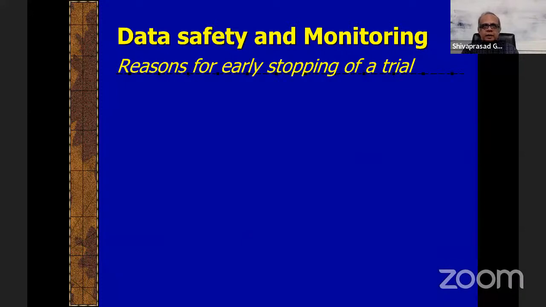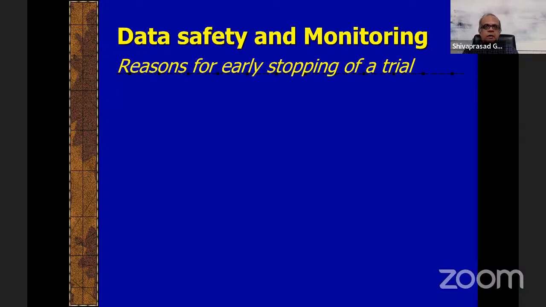Apart from that, typically, especially for clinical trials, you do need an independent agency called the Data Safety and Monitoring Board, which will look after participant safety. Primarily, the DSMB's responsibility is to ensure that the trial participants or the research participants are not exposed to undue risk. There is risk, of course, in any research.